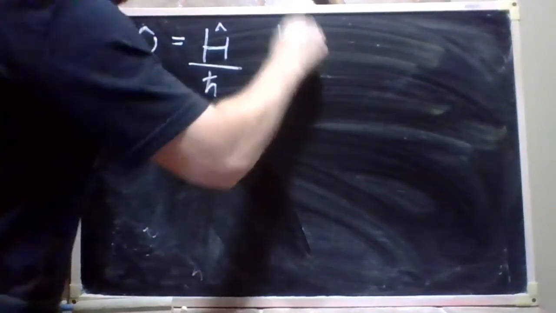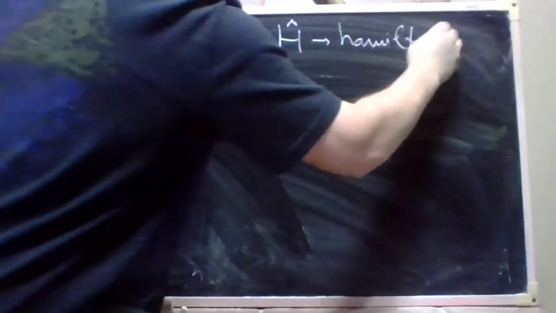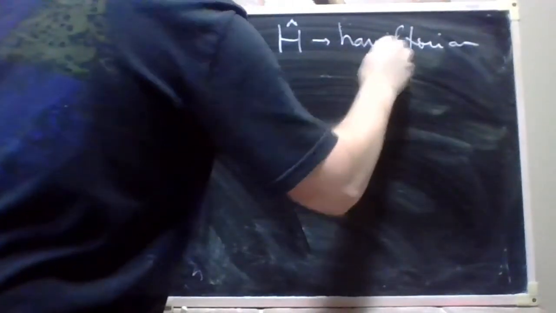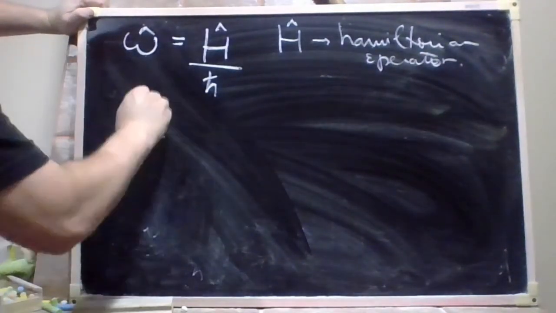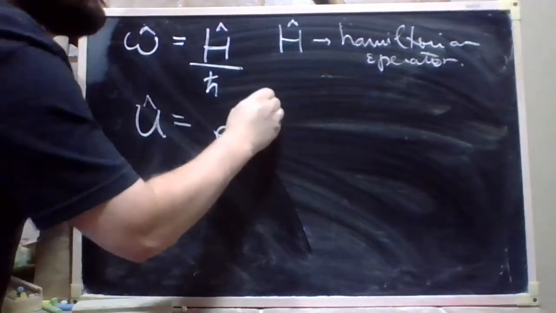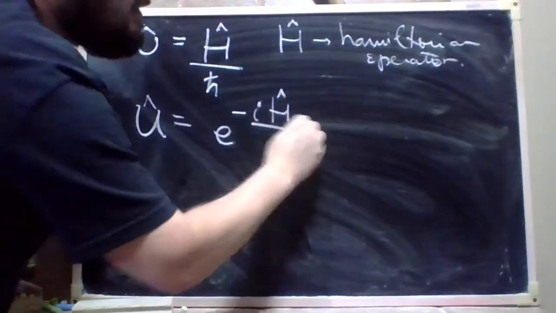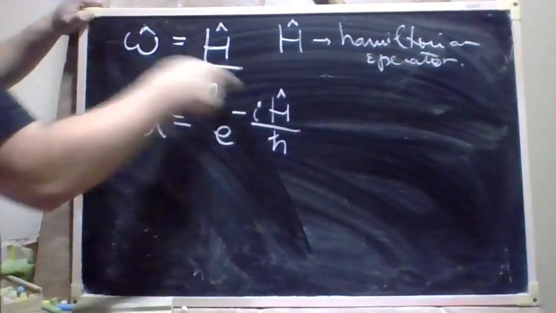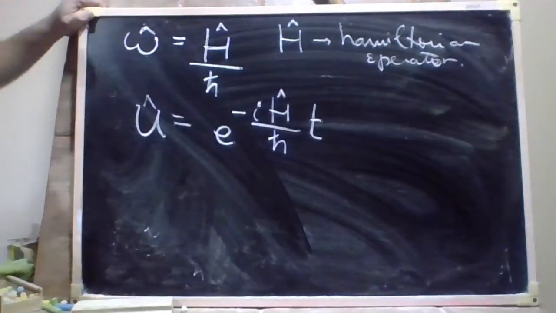So this is the Hamiltonian operator. All right? And this way, the unitary evolution operator is just minus the imaginary unit, the Hamiltonian operator divided by h bar, which is just the frequency matrix, multiplying the time t.